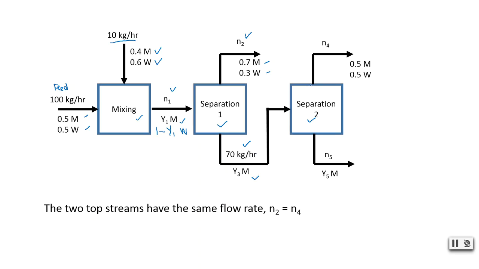In separator 2, the top stream contains 50% methanol and 50% water, while for the bottom one we have no idea about the flow rate or the fraction of methanol. The question also gives one equation, N2 equals N4: the top streams of both separators have the same flow rate.